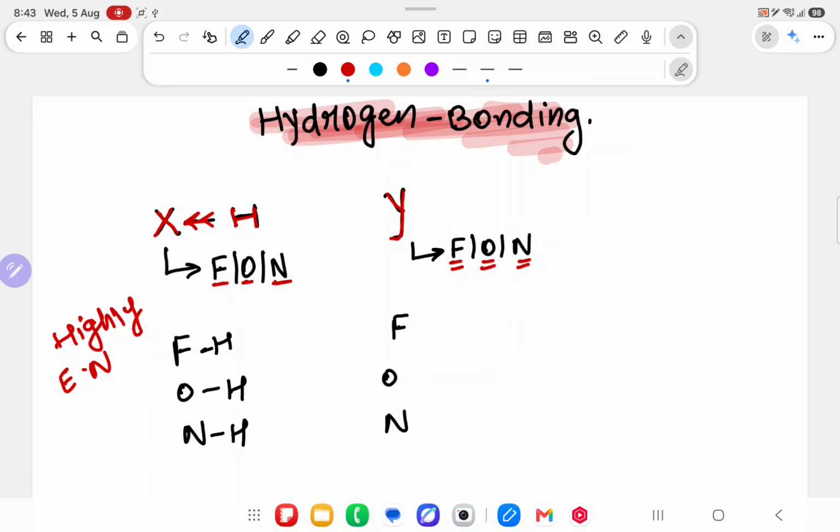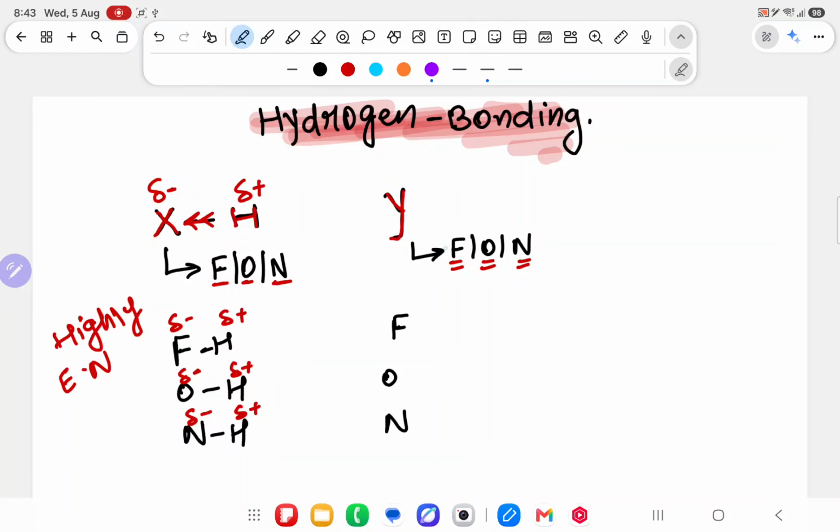Because of that, they will try to attract the lone pair of electrons towards themselves. As they attract the electrons towards themselves, they get a delta negative charge and the hydrogen gets a delta positive charge. Delta negative, delta positive.